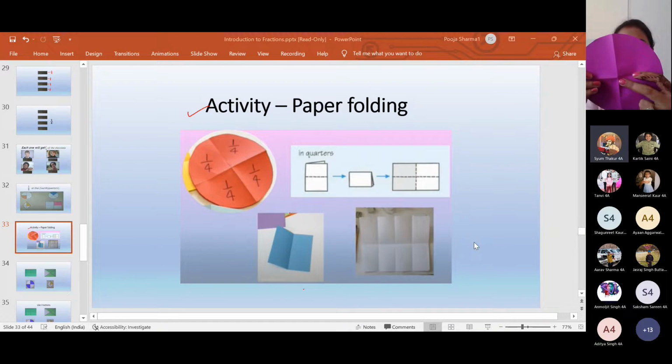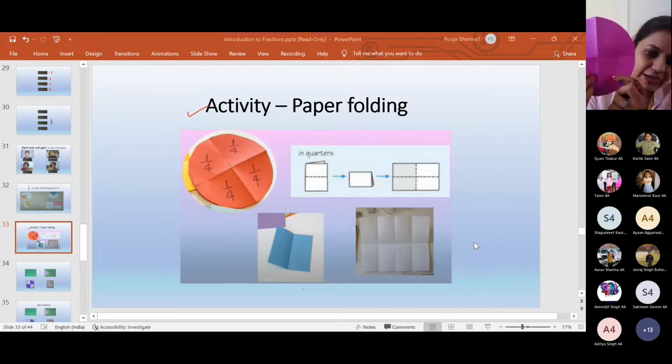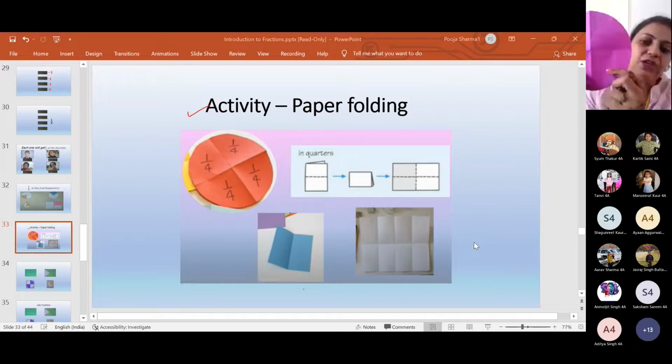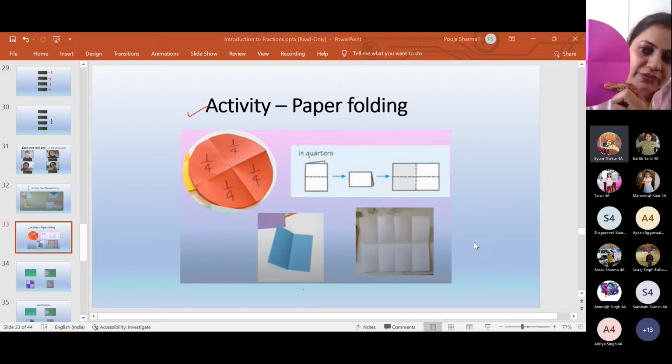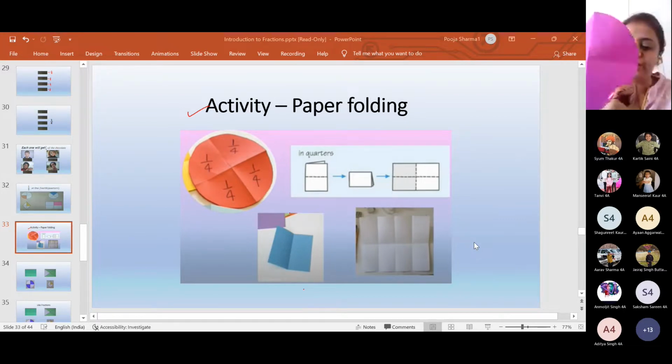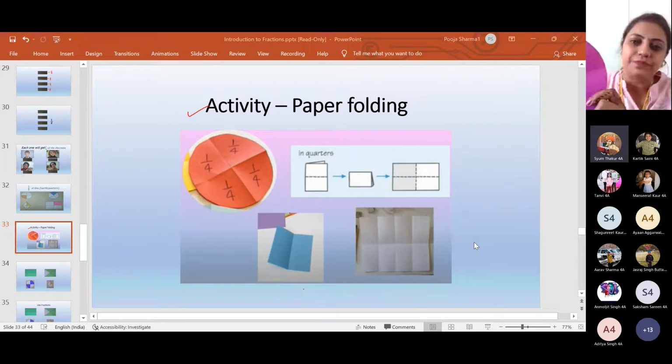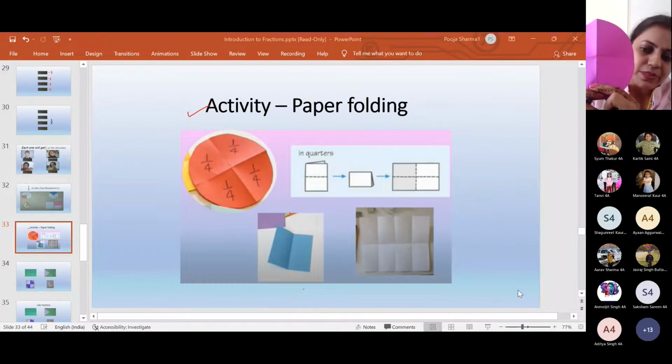Now look, it is divided into four parts and you have to write the fraction for each part. I have taken a rectangular paper. So is this clear everyone? You have to write the fractions for each.